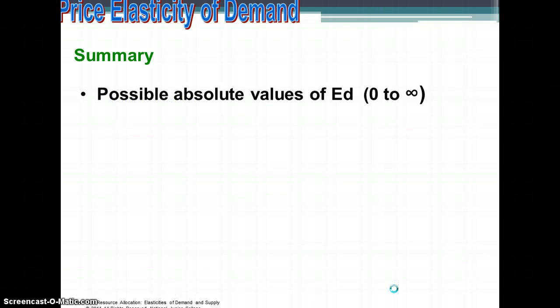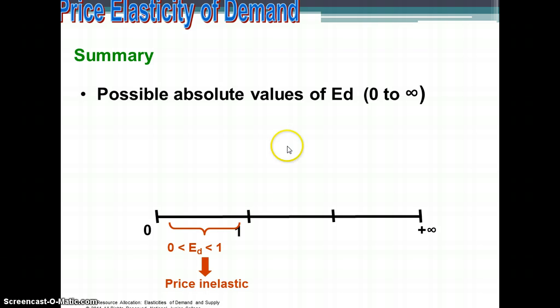So if you were to draw a number line, the possible absolute values that we have learned for the 5 cases are in between 0 to infinity. So I draw a number line here to show the different cases, whereby from 0 to 1, the demand of a product is price inelastic.